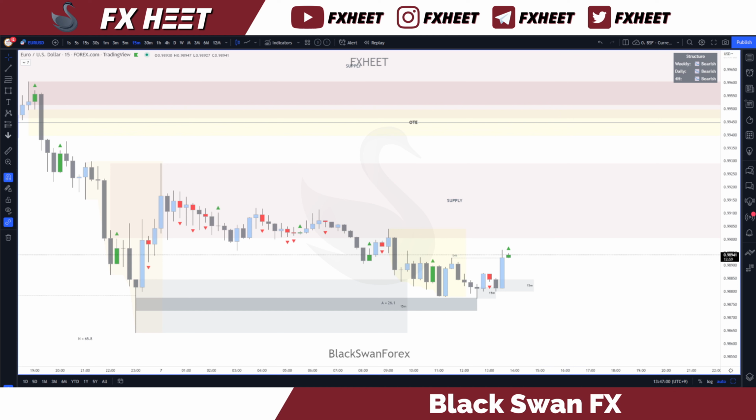So for today, my bias is bearish on EU, although I do think we may get a pullback, especially if this demand holds, or potentially after breaking the low and then pushing up.